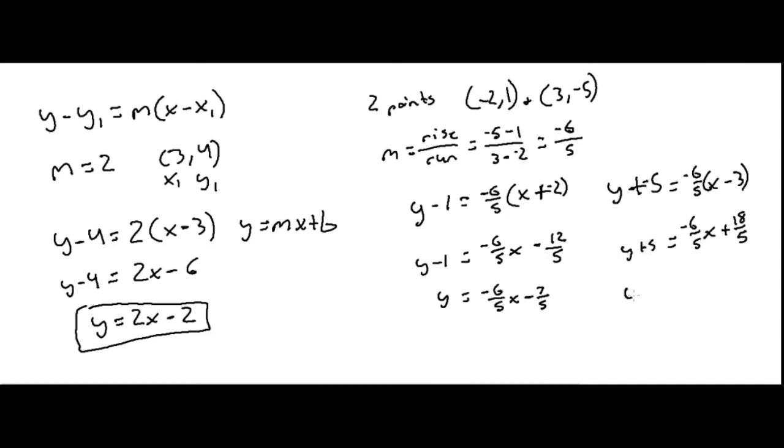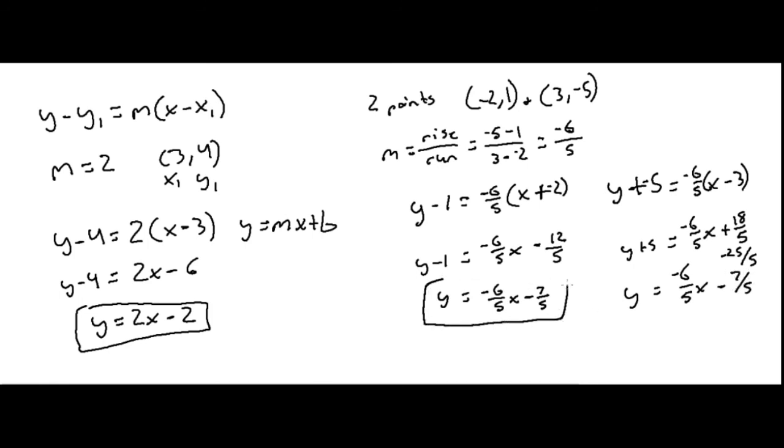Subtract 5 from both sides, so y is equal to negative 6/5 x, then I just have to convert 5 over 5 to, it's the same as negative 25/5. So we'll have negative 7/5, which is the same.